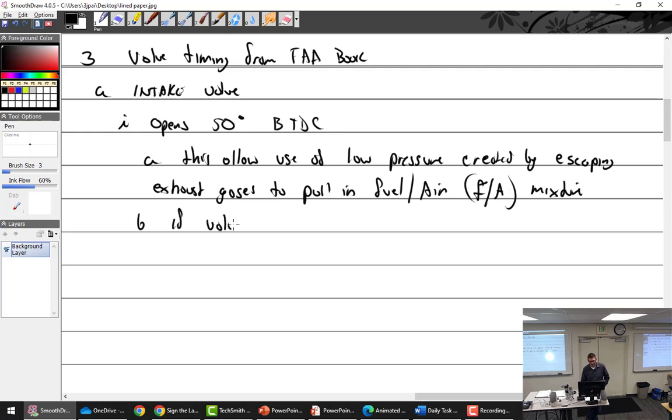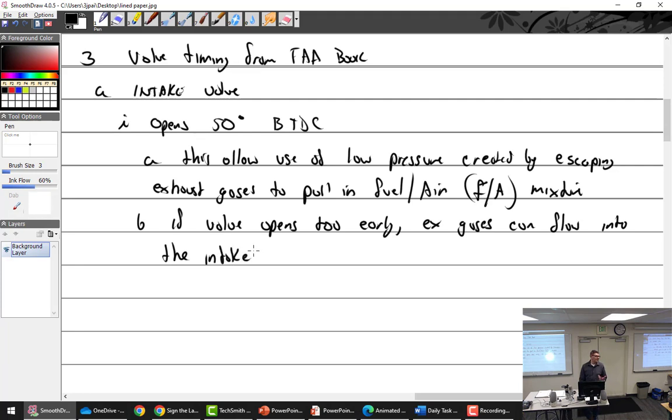So let's see. If the valve opens too early, because too much of a good thing is a bad thing. So you're thinking, wow, if we open the intake valve a little early, why not just open it even earlier? Well, if the intake valve opens too early, exhaust gases can flow backwards, can flow into the intake.